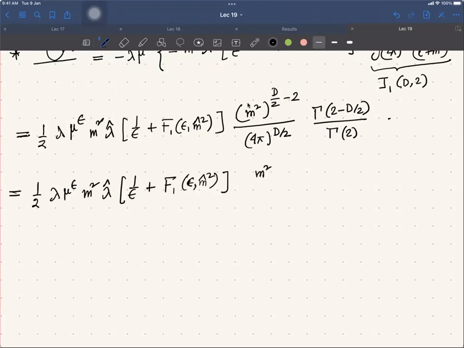This will be m squared to the power minus epsilon by 2 divided by 4 pi to the power 2 minus epsilon by 2 times gamma(2 minus 2 plus epsilon by 2).